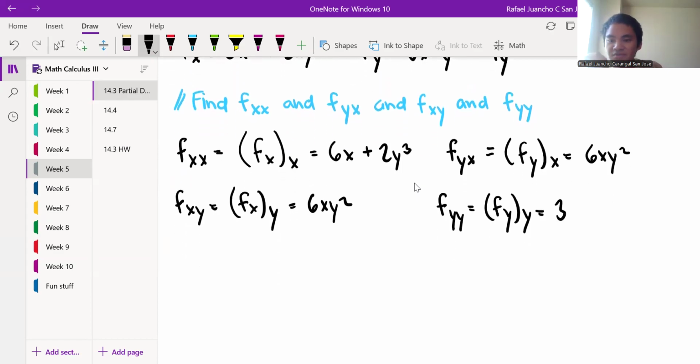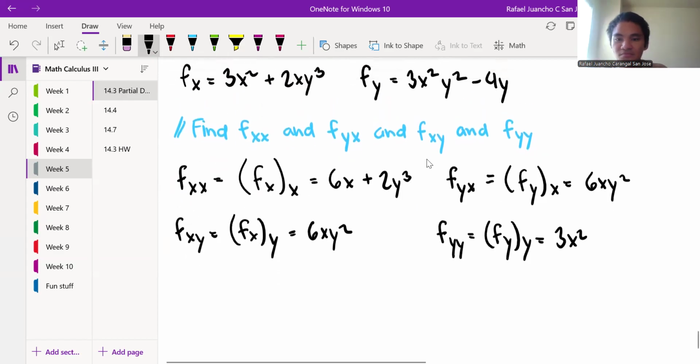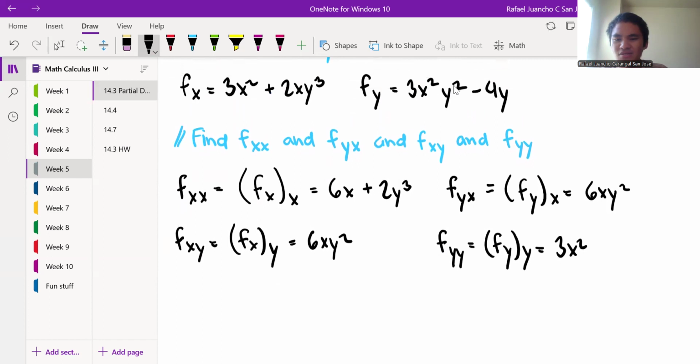So here I leave the 3x squared. I have my y squared. This becomes 6x squared y minus 4. And that should be it.